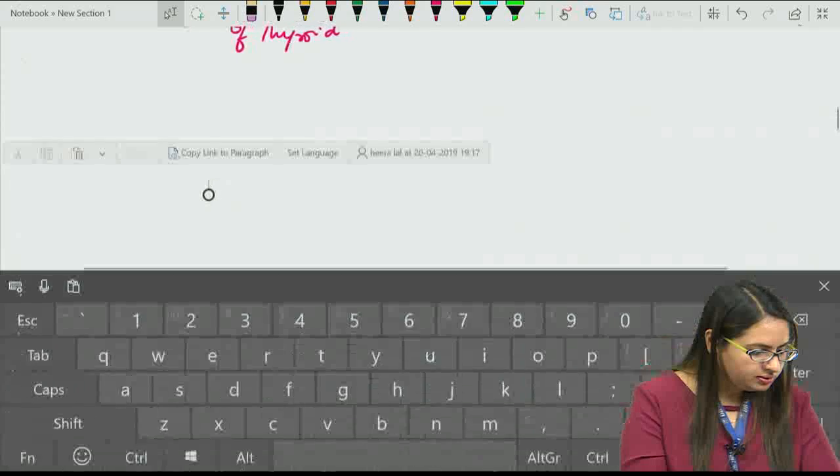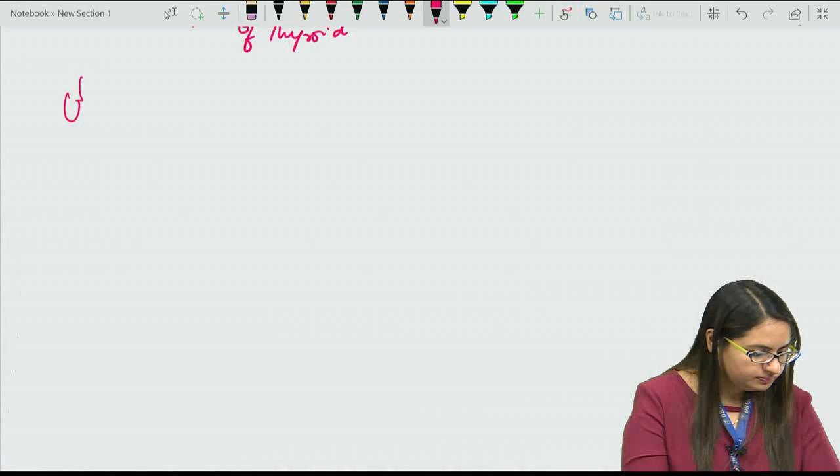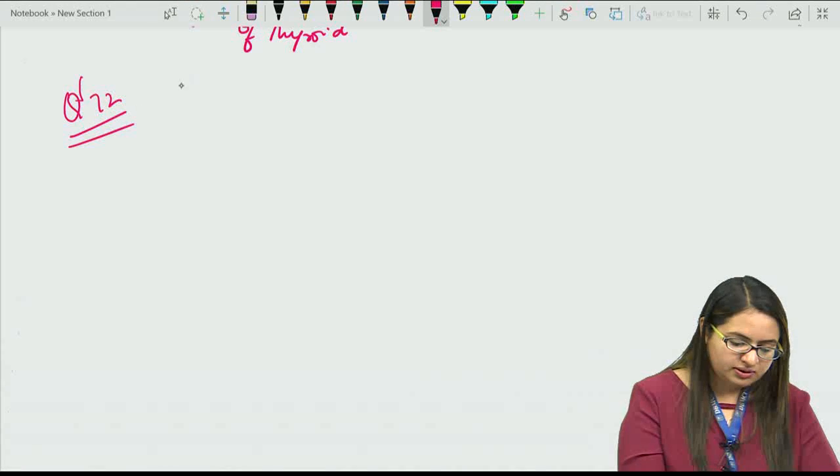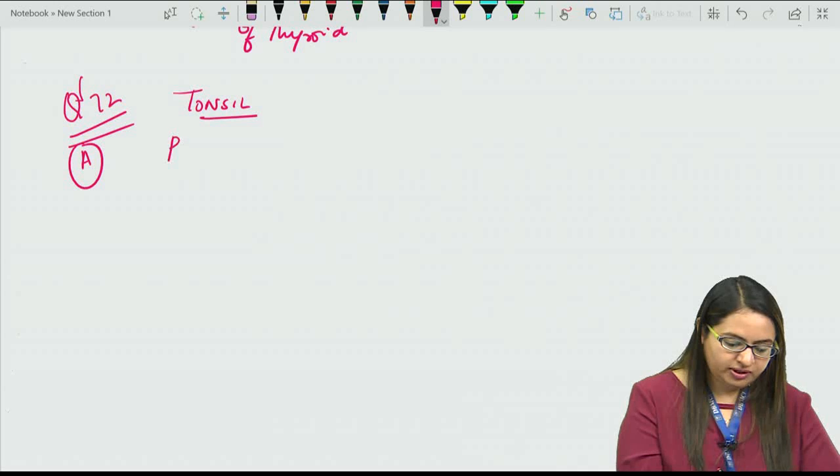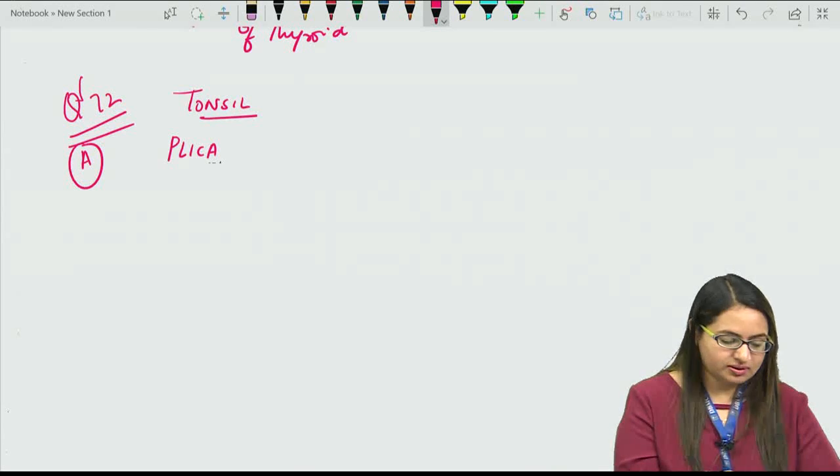The question number 72. In this we talk about the tonsil and the answer for this question is A. Over here it is talking about the plica triangularis.